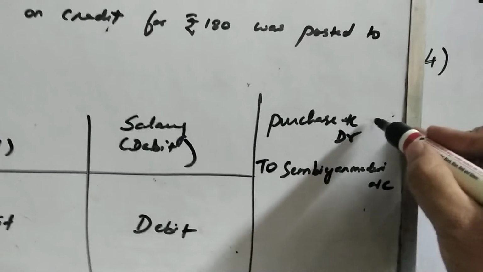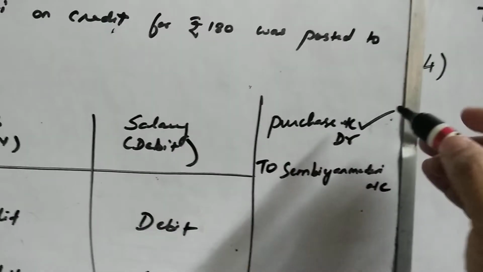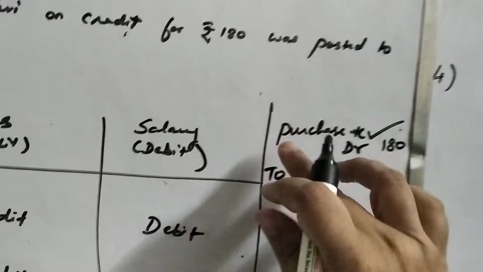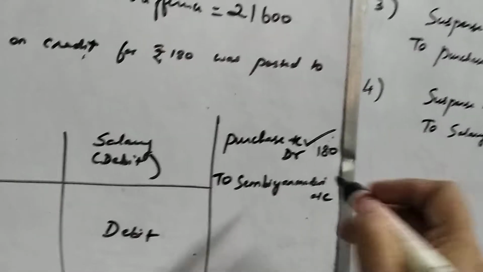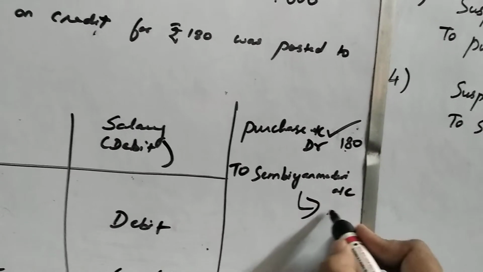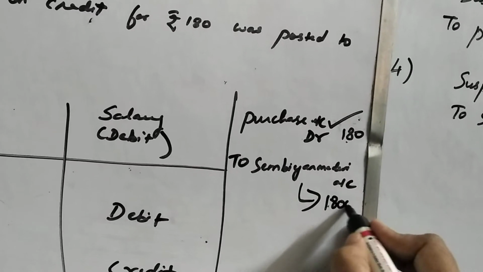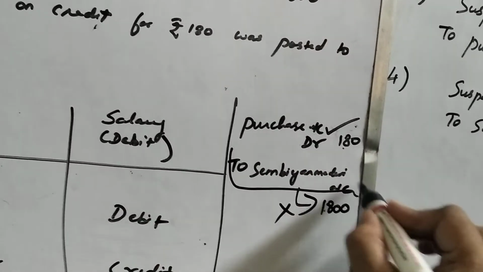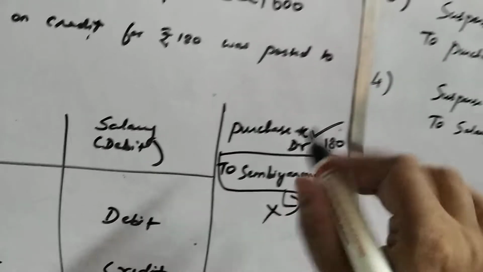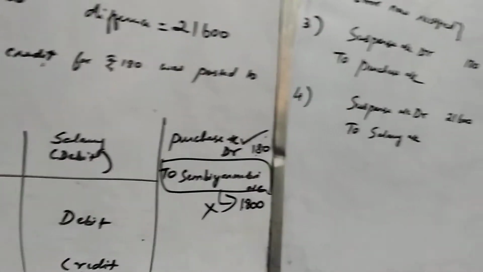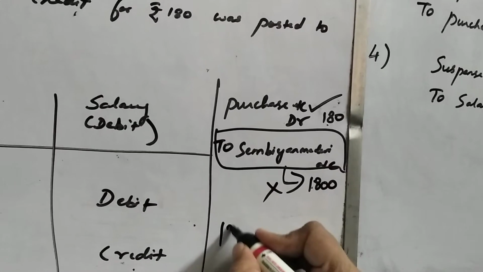They have recorded in the purchase book correctly as 180. There is no problem with purchase account. But instead of 180, they have wrongly recorded as 1,800 in Sembi and Madevi's account. So this is the problem we have now. So what has to be done? Just look at the difference.